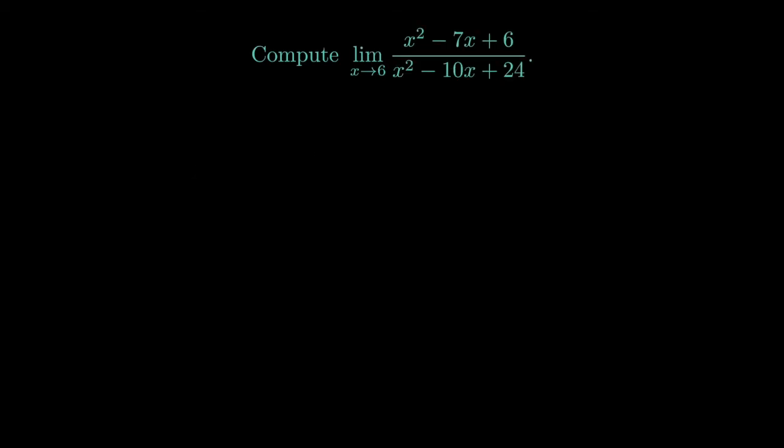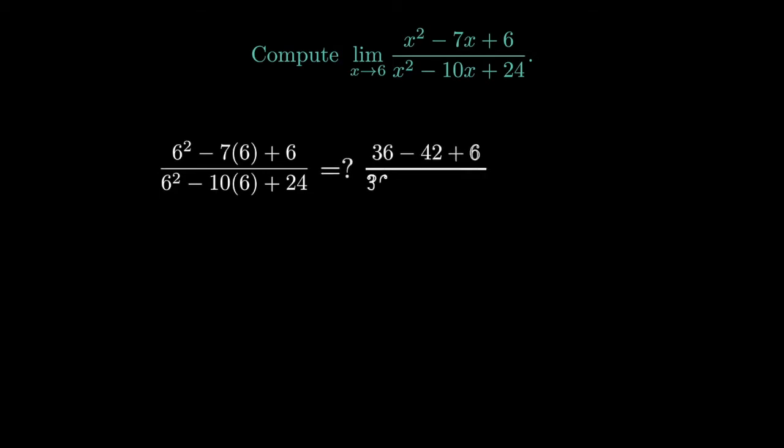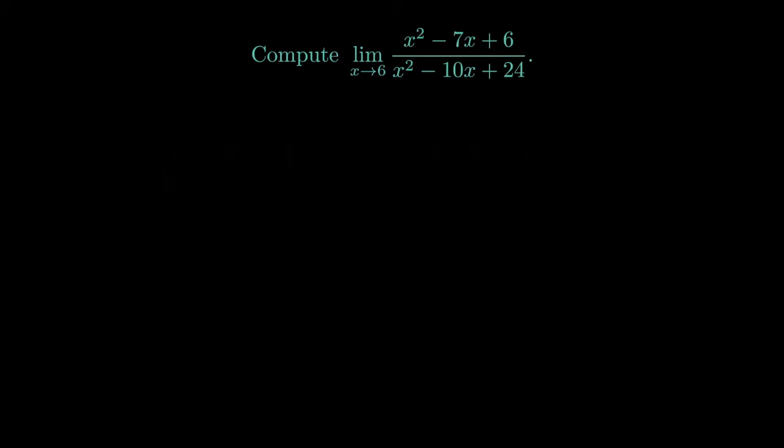We next find the limit as x approaches 6 of x squared minus 7x plus 6 over x squared minus 10x plus 24. Evaluation again gives an indeterminate form. Fully factoring gives us a numerator of x minus 1 times x minus 6 and a denominator of x minus 4, x minus 6.